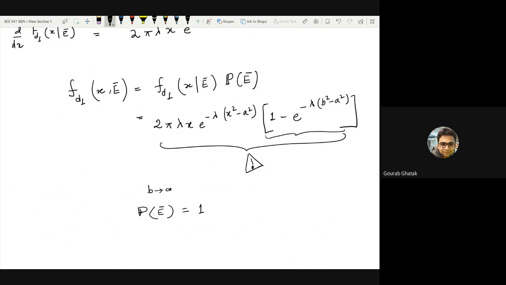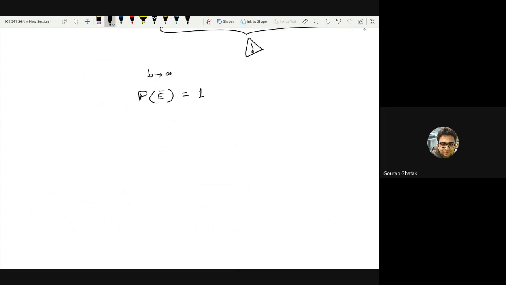This means for a Poisson point process in the entire R2 plane, it can never happen that there are no points, regardless of whatever lambda is, unless lambda is 0, of course.